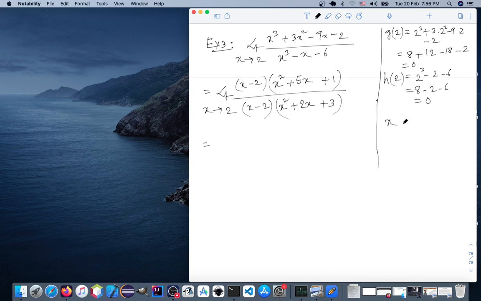Now since x is tending to 2, this implies x not equals to 2. This implies x minus 2 not equals to 0.